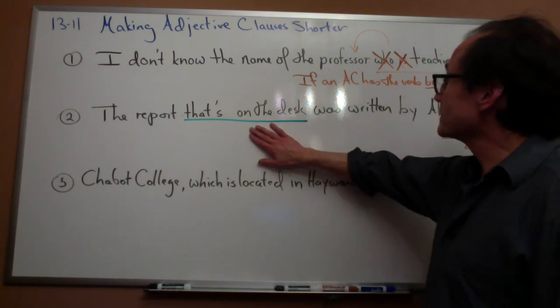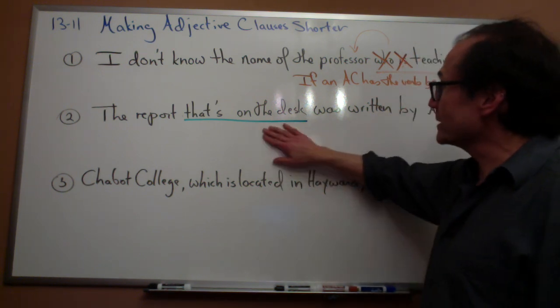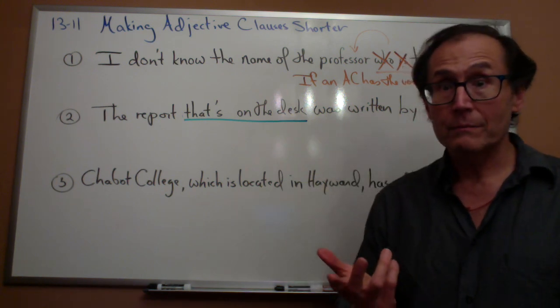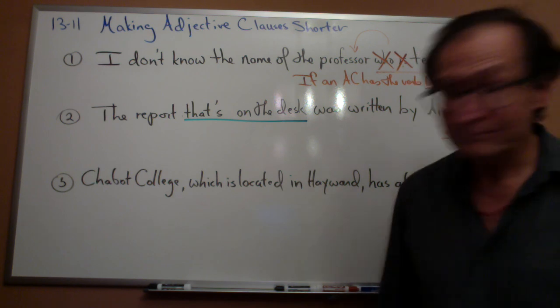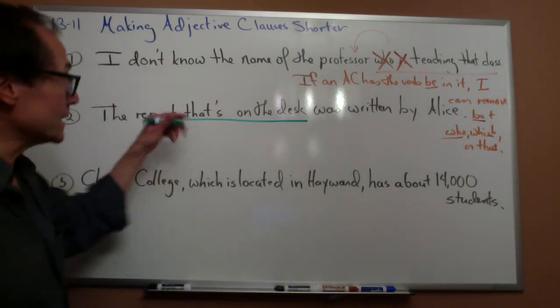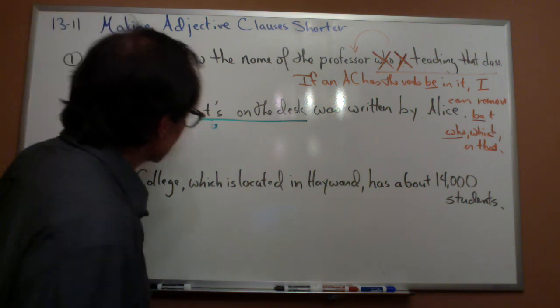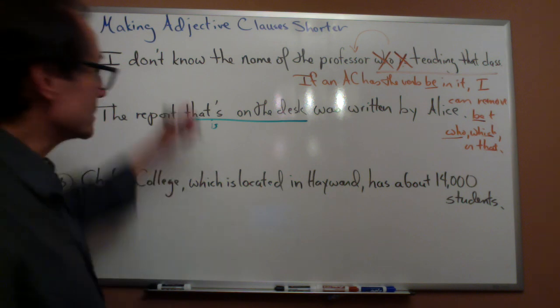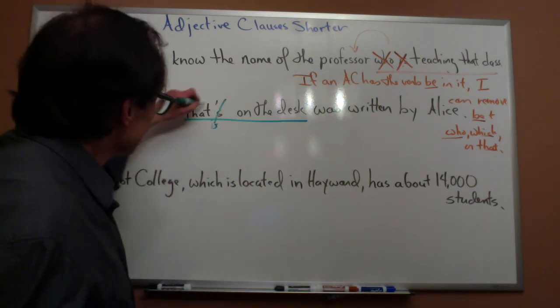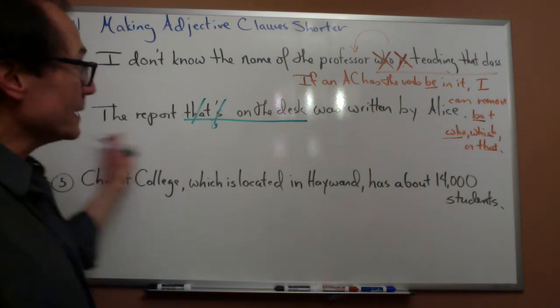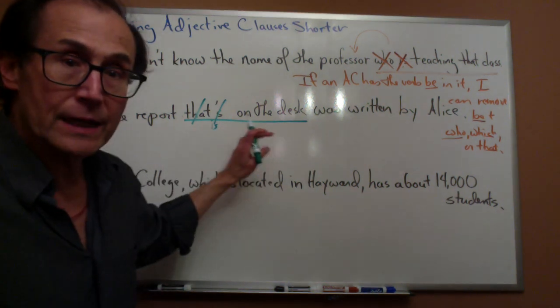I have that's on the desk. Do I have be? Yes, I do. Here, be is shortened to apostrophe s, but that's short for is, right? So I have be in this clause, and so I can remove be, and I can remove who, which, or that, and I get a shorter version of the same idea.